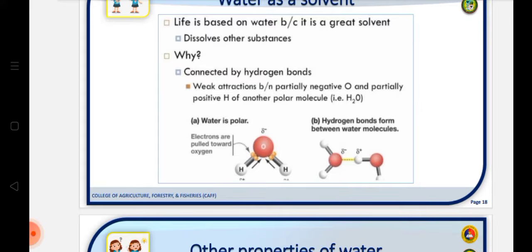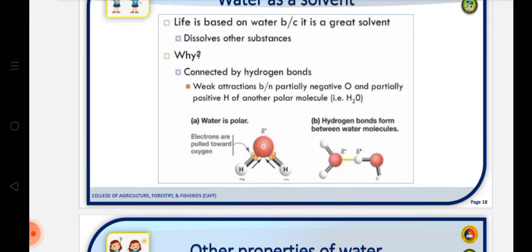Remember that hydrogen bonds form between water molecules. They are intermolecular forces between molecules, but not actual electron sharing or transferring, and they are weaker than covalent bonds. Because of hydrogen bonds, they are strong enough to give water its unique properties.